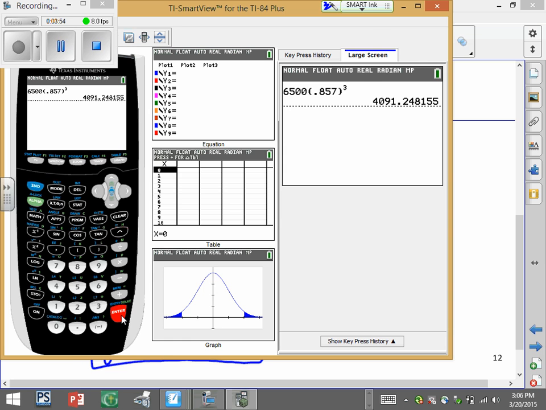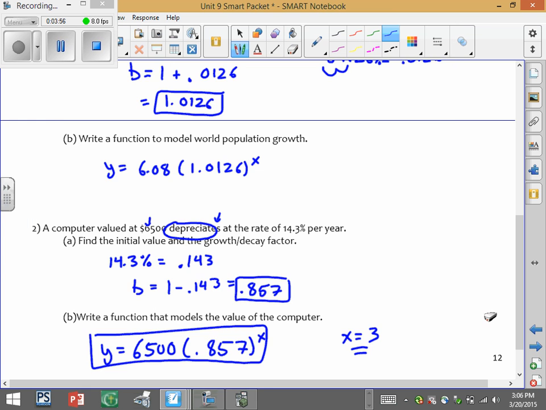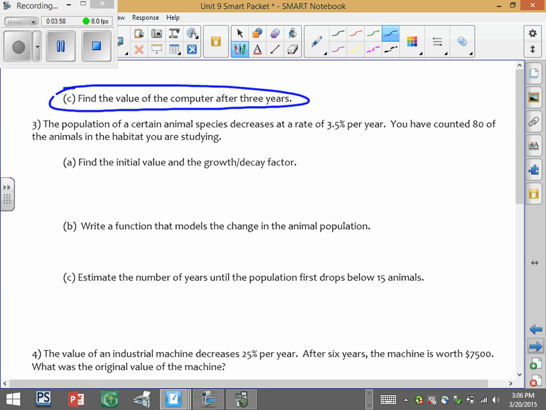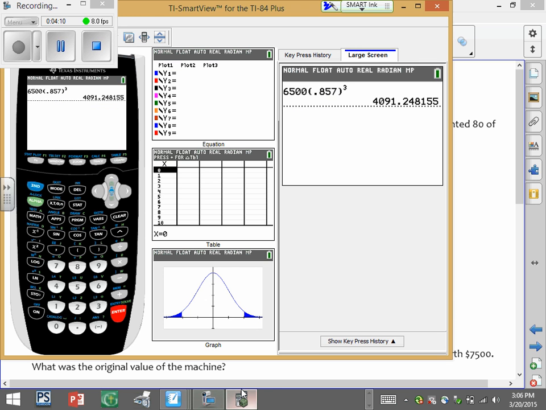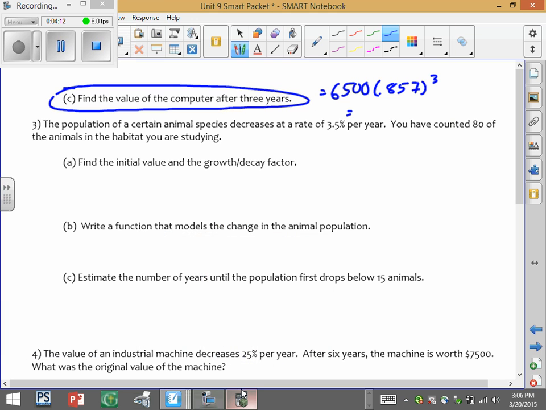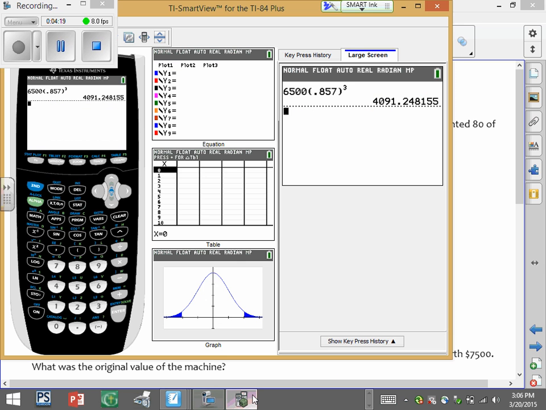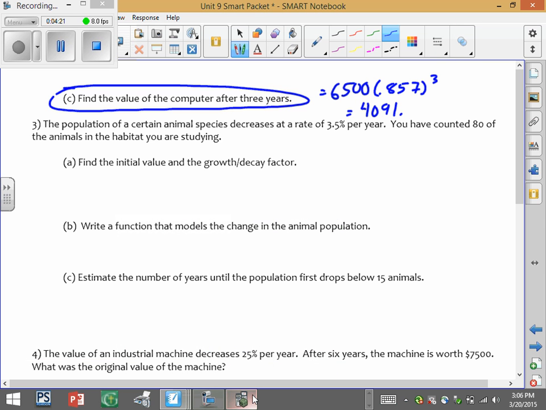So what that tells us is the computer is worth 4,091, and since it's money, when I round to 2 decimal places, it's 4,091.25.